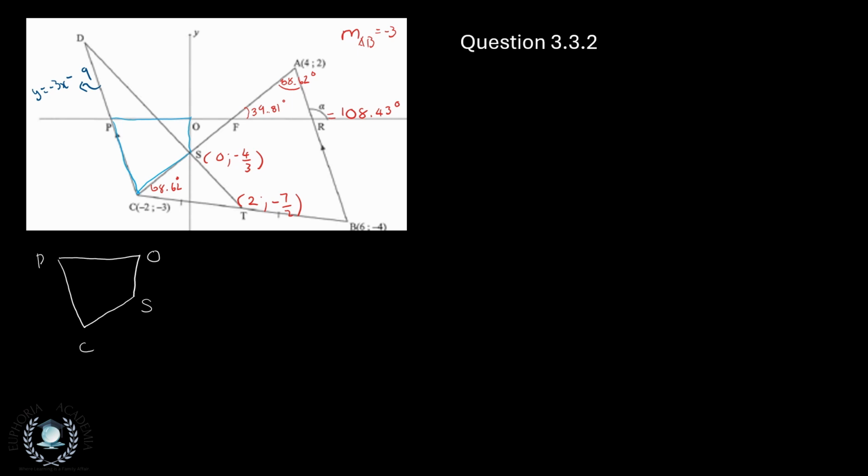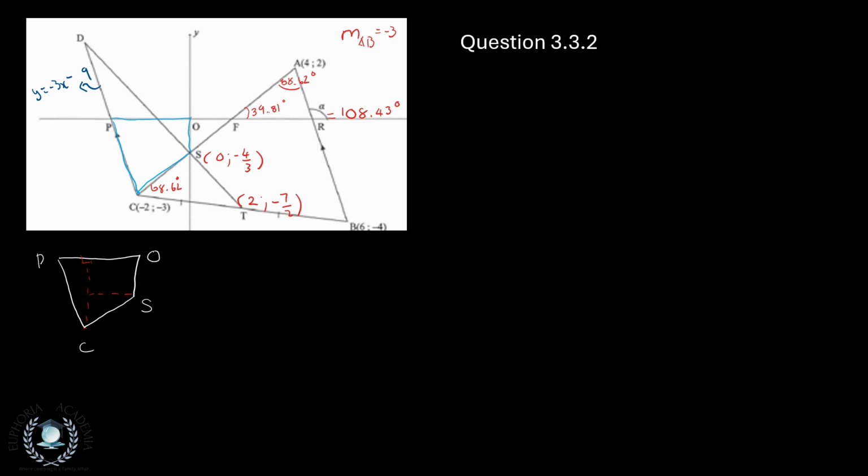Okay, let us draw a line from C going all the way up vertically so that it intersects this line PO at 90 degrees, and we're going to divide this again to make it a square. So essentially we just need to find that point there.